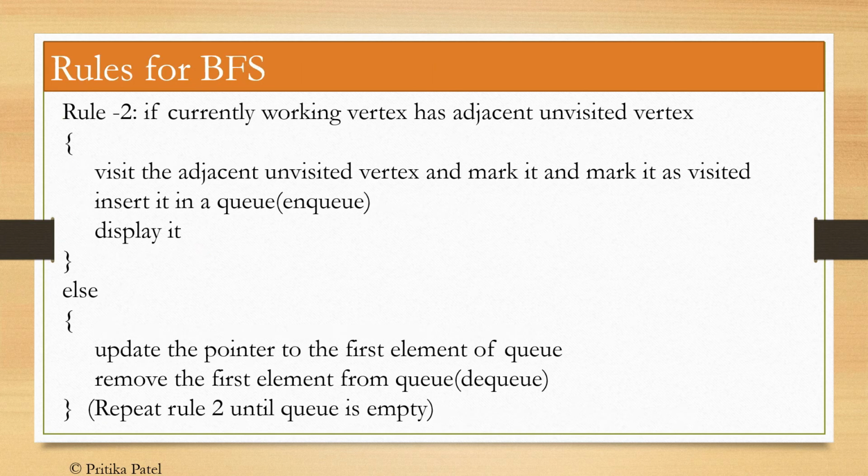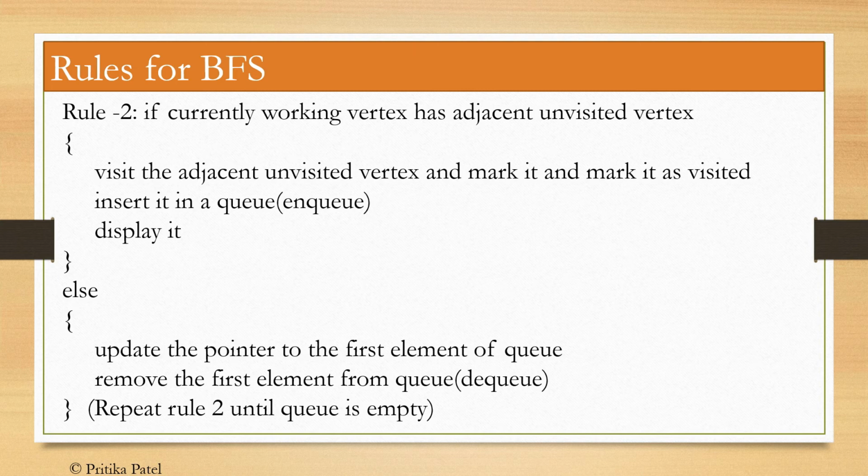Then rule number 2, if the currently working vertex has an adjacent unvisited vertex, then visit the adjacent unvisited vertex and mark it as visited, right? Insert it in a queue, so the NQ operation is performed on this queue, and display it.